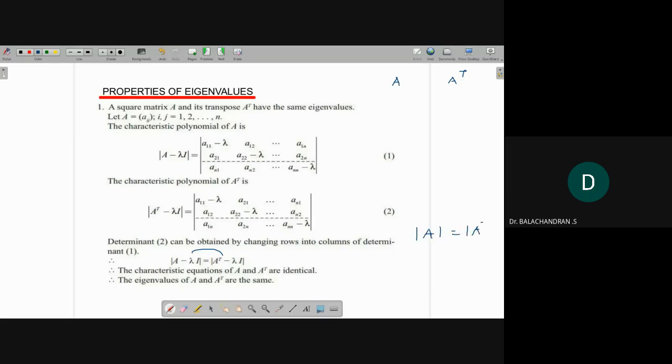This is the idea I'm using in the proof.